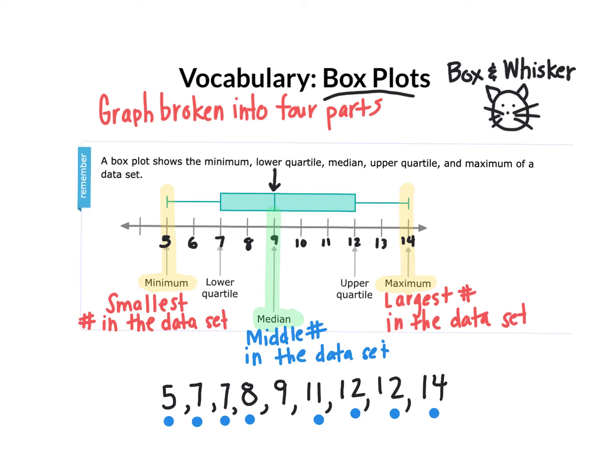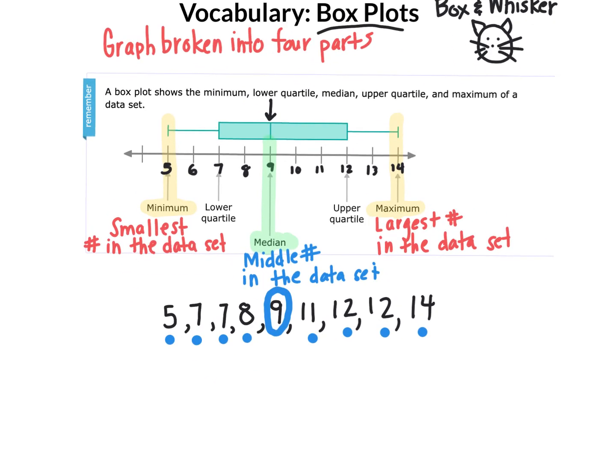I just don't want to cross everything out because then we won't be able to see it on the screen. So I can easily see my middle number or my median is 9, right? Well, that makes sense. That matches the box and whisker plot, okay? So that's simple. Our median is just our middle number. In this case, the median is 9. So let me go ahead and write that down.